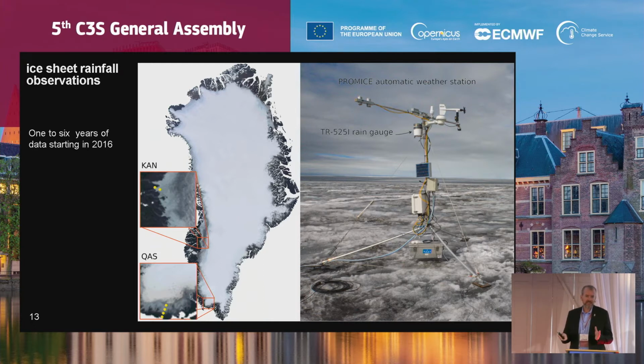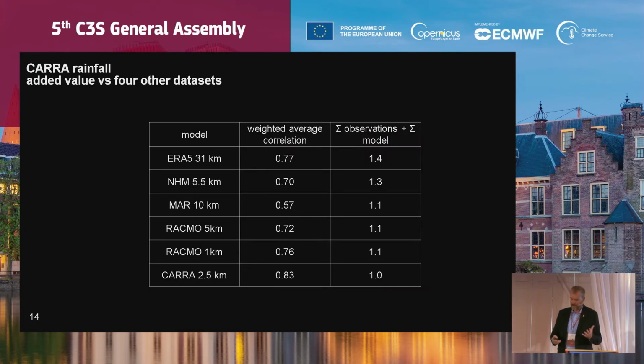I've focused the rest of my talk on precipitation, and I've put simple tipping bucket rain gauges on the PROMICE stations at a few locations in the south of Greenland especially, and this enables us to compare with other reanalyses.